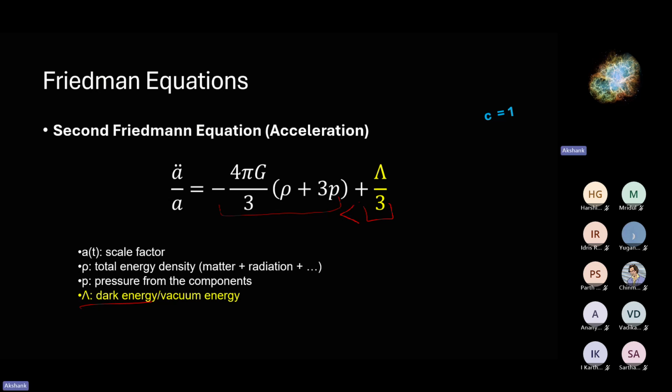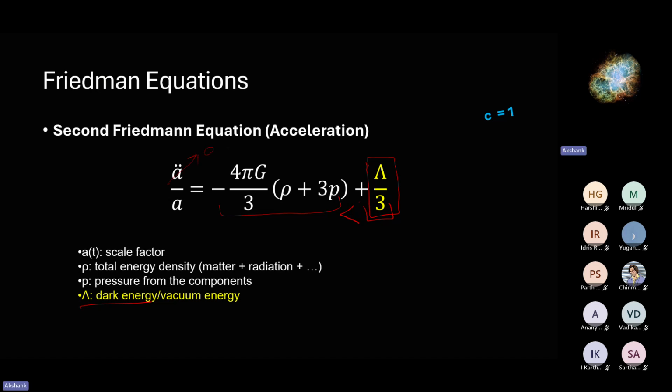Now there is also a very interesting story about it. When Einstein gave his general theory of relativity and then used it in cosmology, he introduced this term himself. He gave this term, but not for an accelerating universe. He actually wanted it to go to zero.